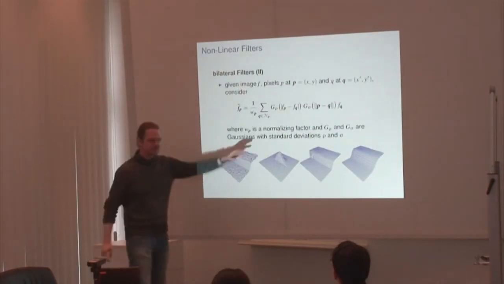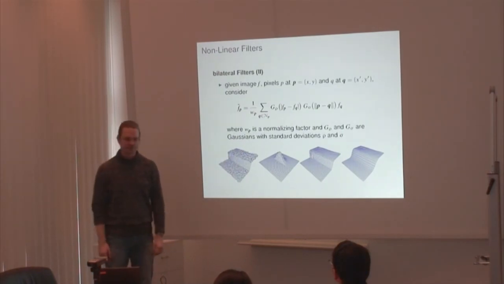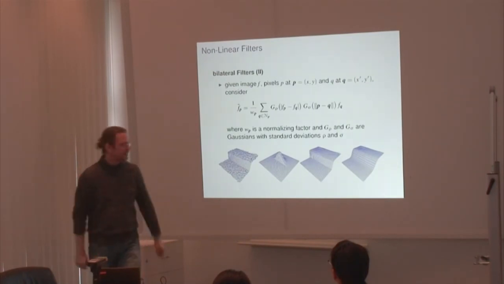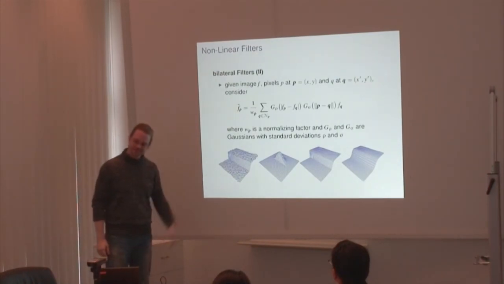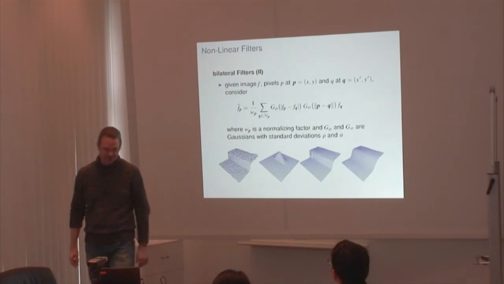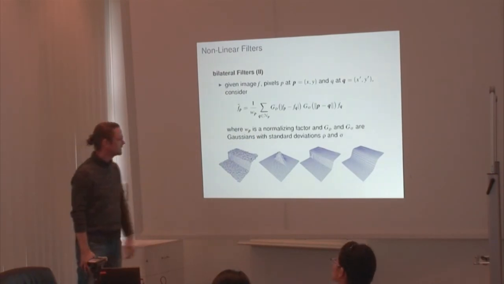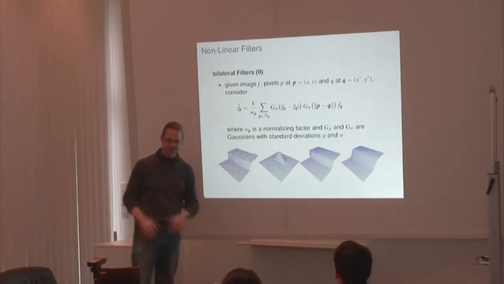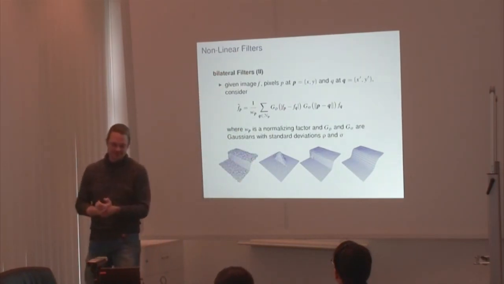When I created these images, I had to play around for like 15 minutes until it looked nice. I should not have said it, but this is the truth, and it's important that somebody tells you the truth. I created these pictures, and it took me some time until I found the rho and the sigma that gave results that were okay.